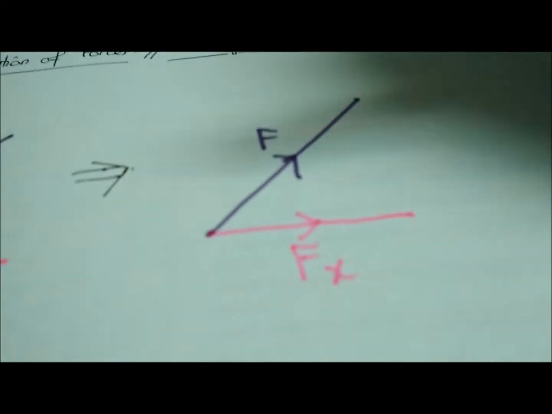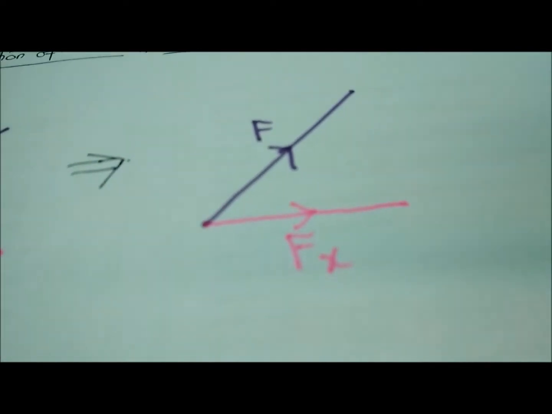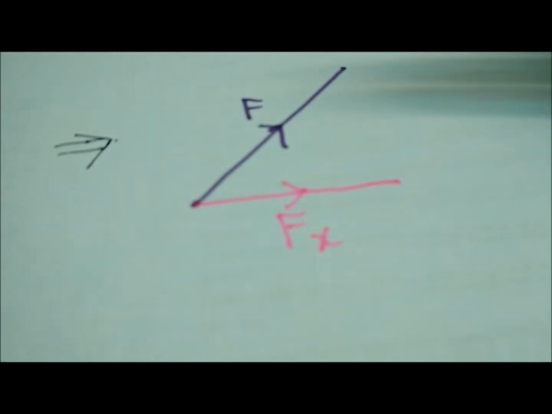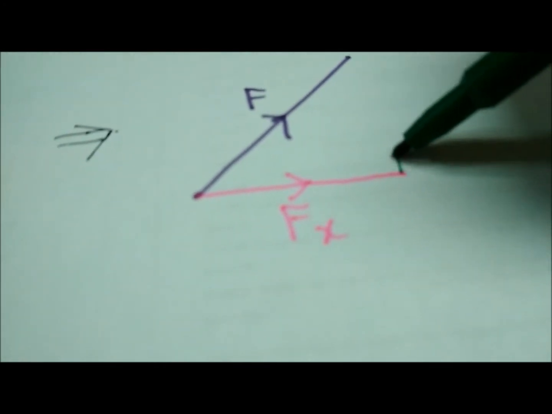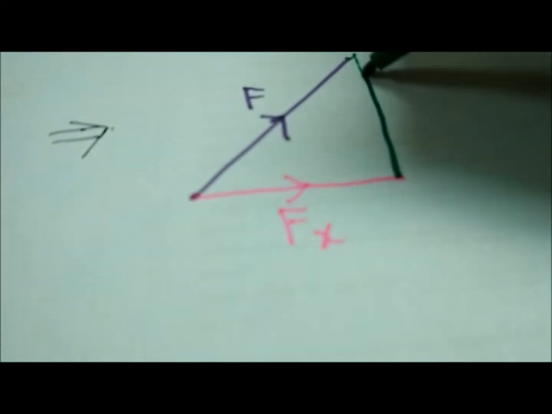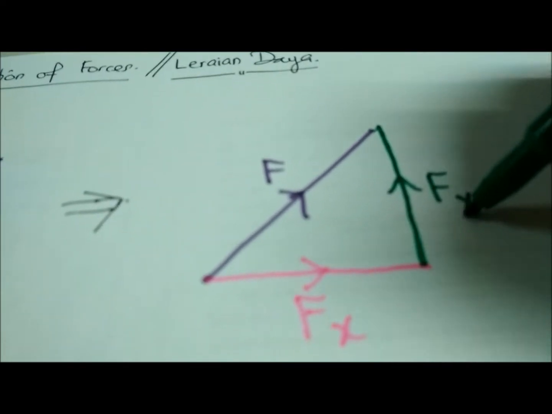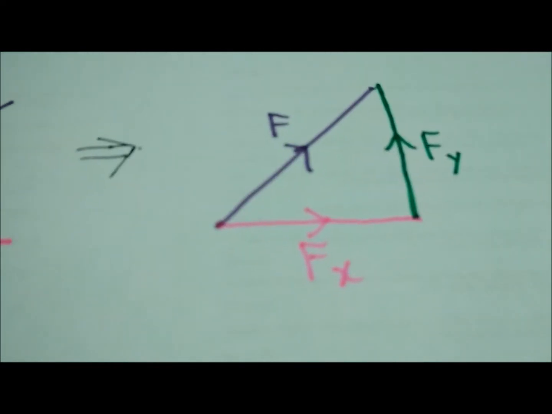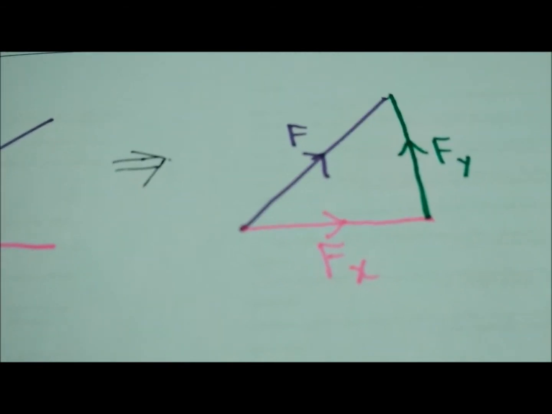Fy component goes from here to here. So here you have it, a closed right angle triangle.